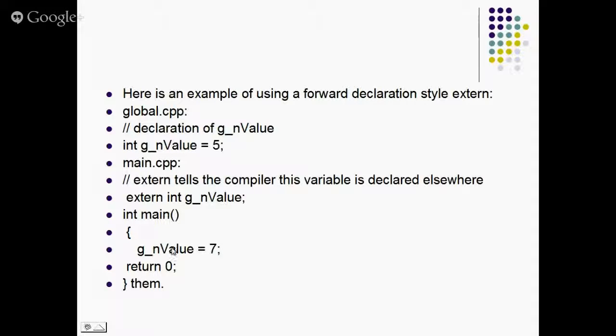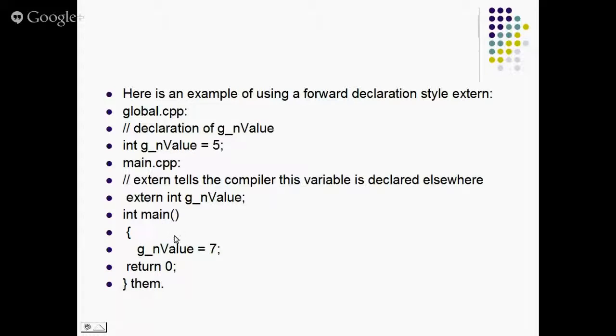Now here again, this is another example in a similar fashion. The variable is declared outside main as gn value, okay, and extern would even make it available to other programs. It is for exporting the variable basically.